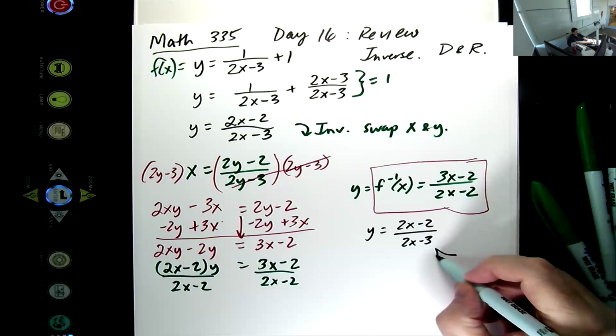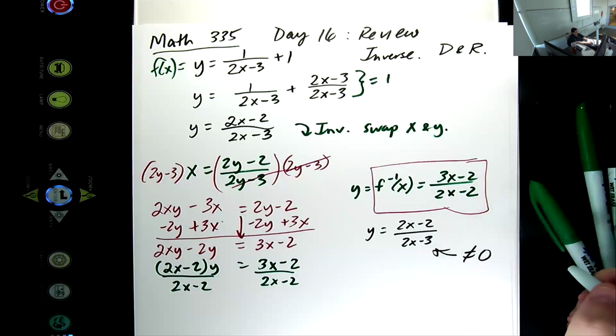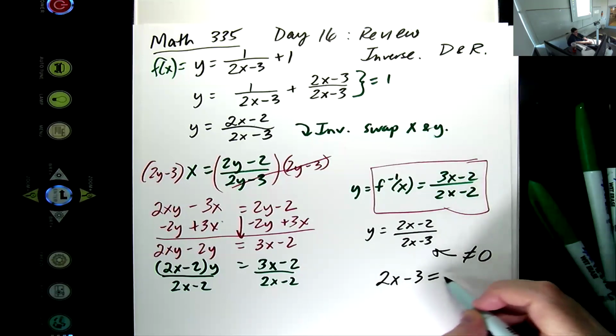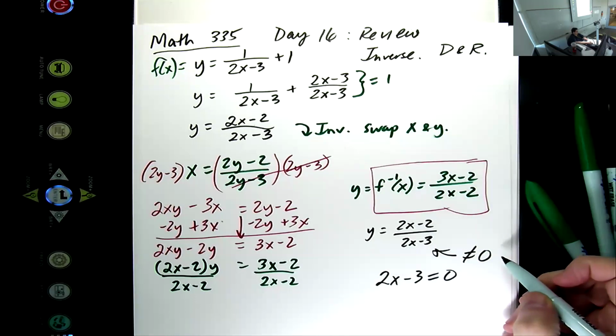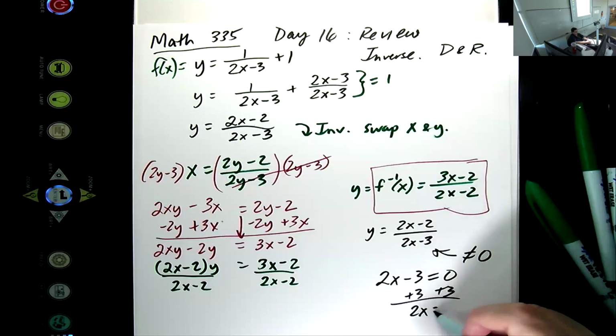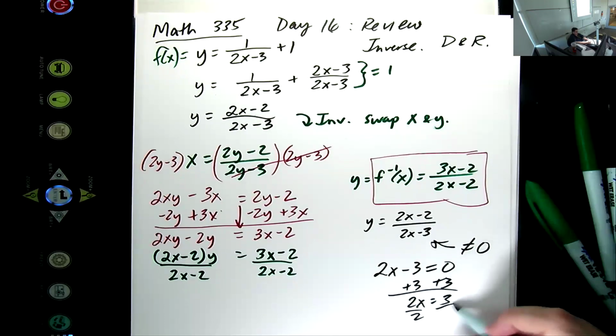The denominator cannot equal 0. Right? We know the denominator can't equal 0. Well, we can find out what the denominator can't equal if we set it equal to 0. So you add the 3 to both sides, you get 2x equals 3, divide by 2, and you get x cannot equal 3/2.